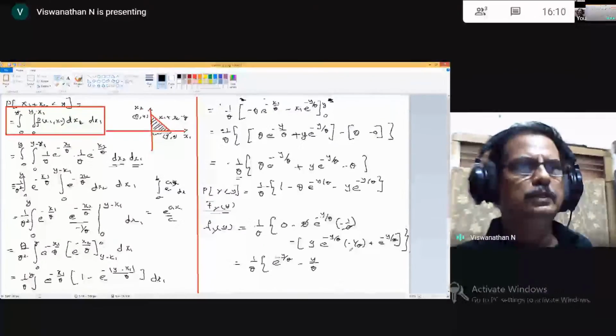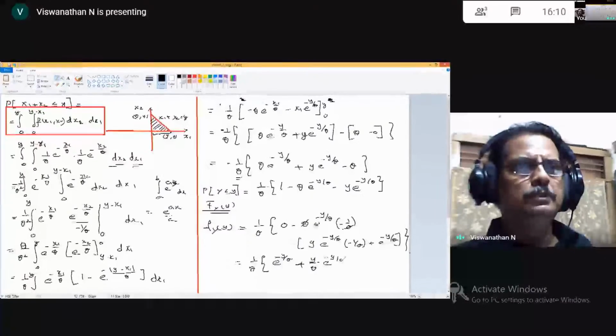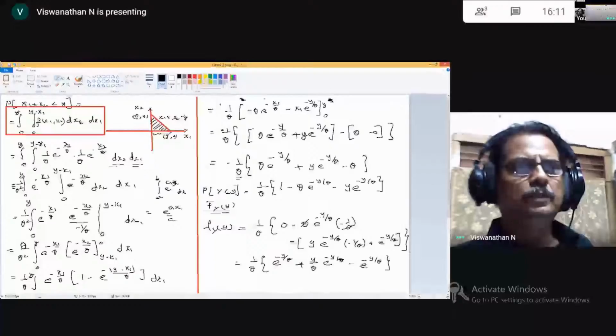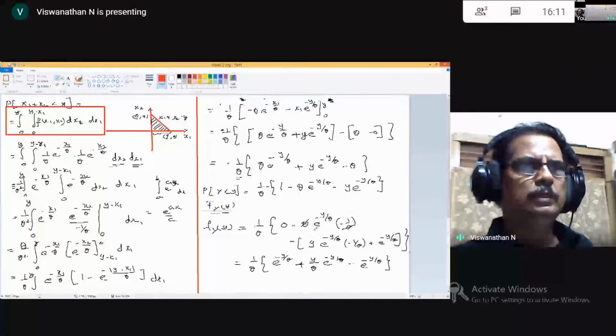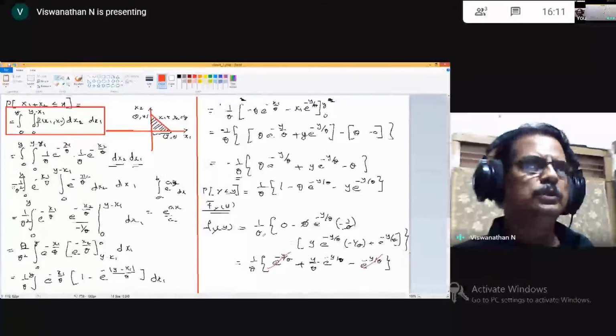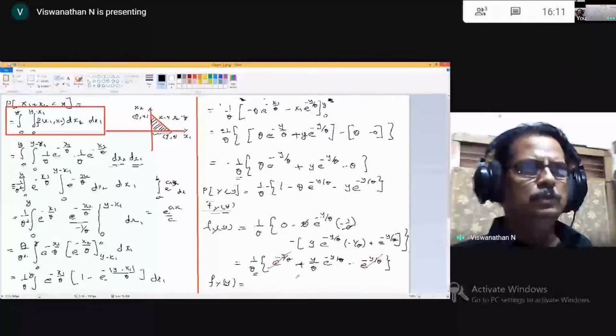This and this will get together, and there is a minus sign here, so it will become plus y by theta e power minus y by theta, and this is a minus, this is a plus, so it will become minus e power minus y by theta. Now you can carefully see that this is plus e power minus y by theta, this is minus, so these two can be dropped, finally leading to f y of y. My density is, this is 1 by theta, this is 1 by theta, so 1 by theta square y e power minus y by theta.